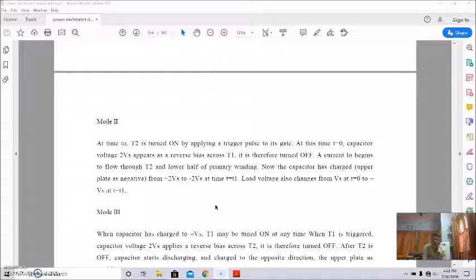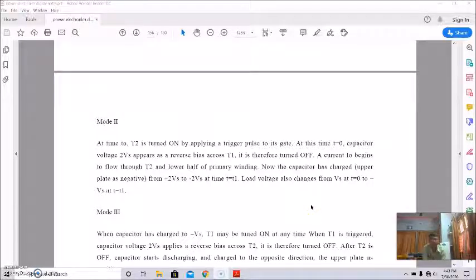So in mode 2 operation, at time T2, thyristor 2 is turned on by applying a trigger pulse to its gate, and at this time, T equal to 0, capacitor voltage 2 Vs appears as a reverse bias across thyristor 1, and it is therefore turned off, and the current I0 begins to flow through thyristor 2 and the lower half of the primary winding.